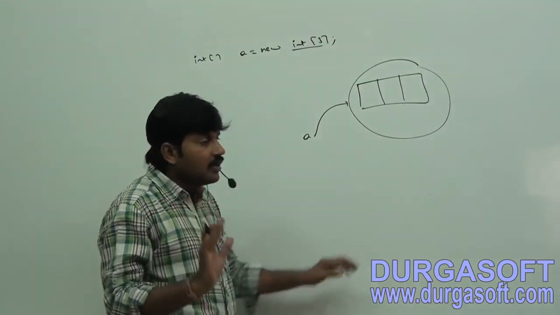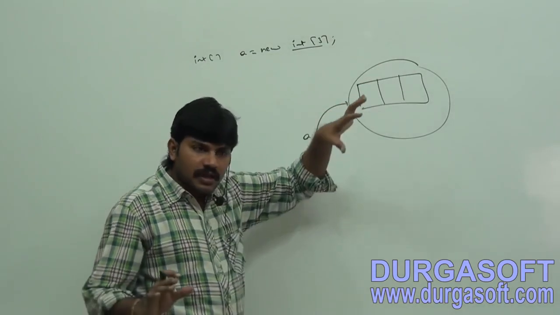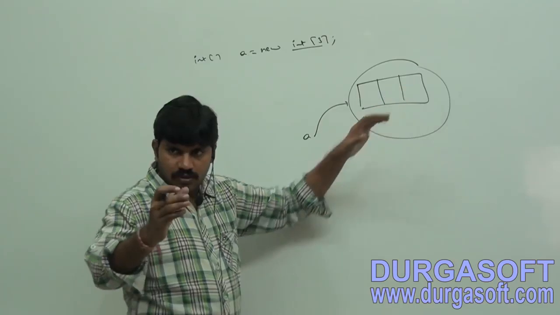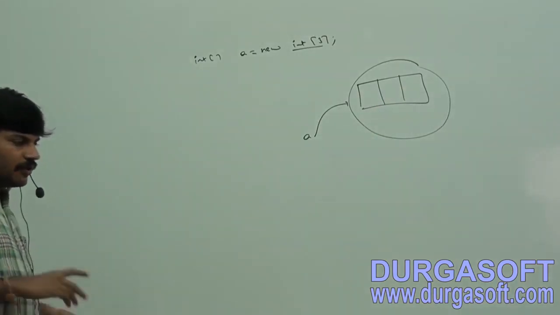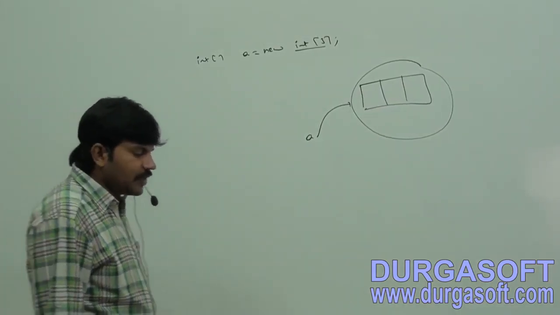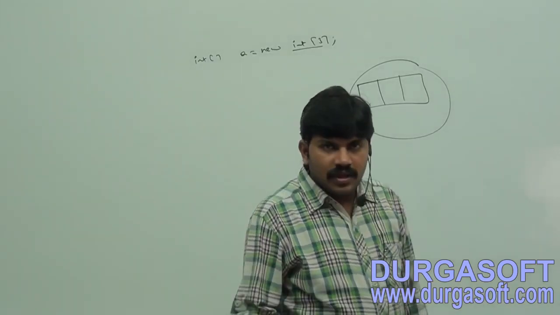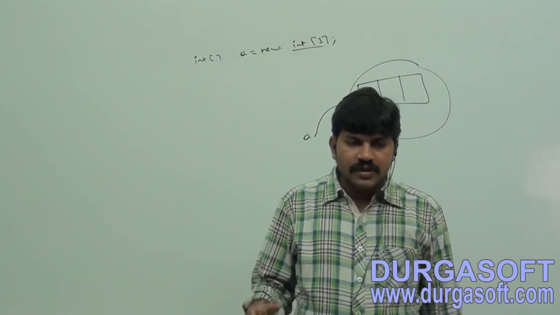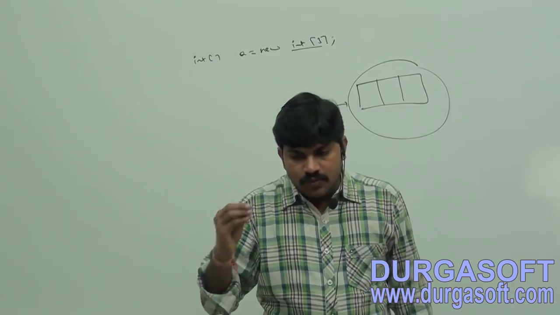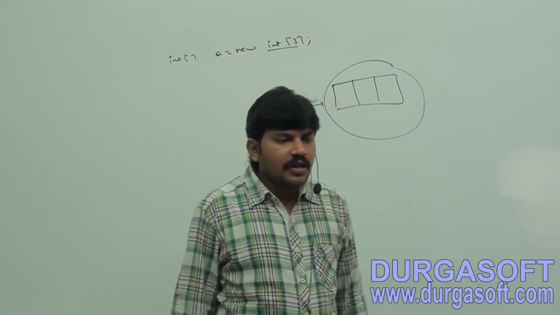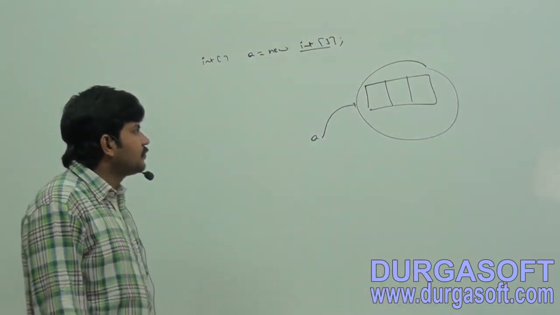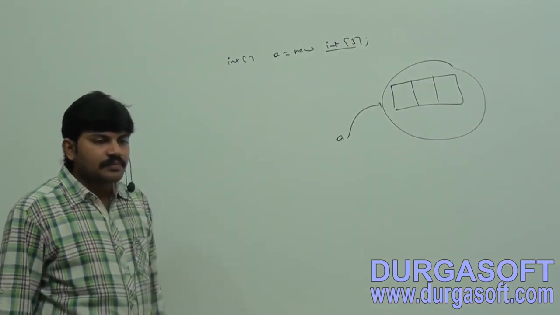You should feel that an array itself is nothing but an object. Okay, make sure of this. At this point, first, every array in Java is an object only.